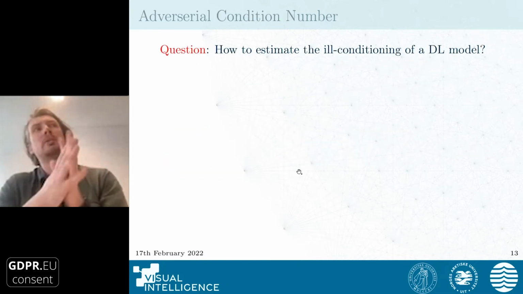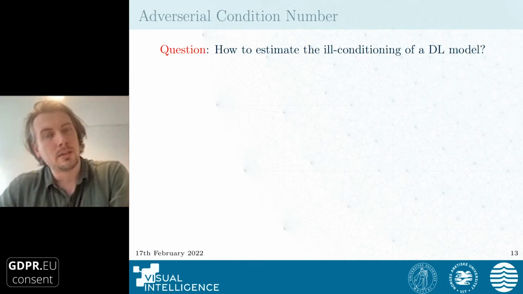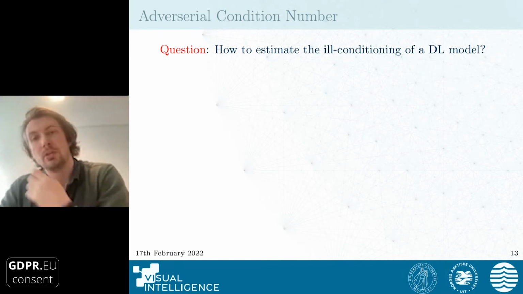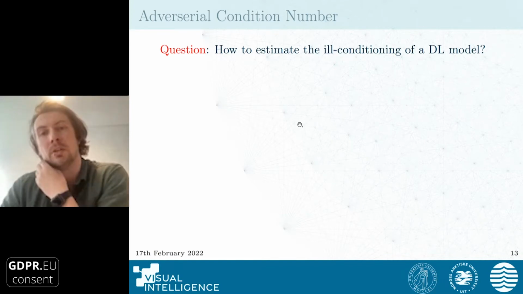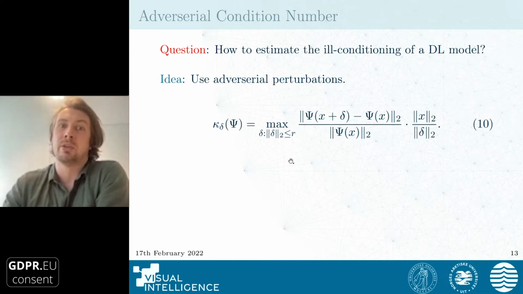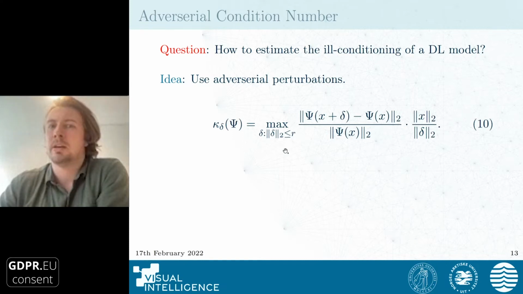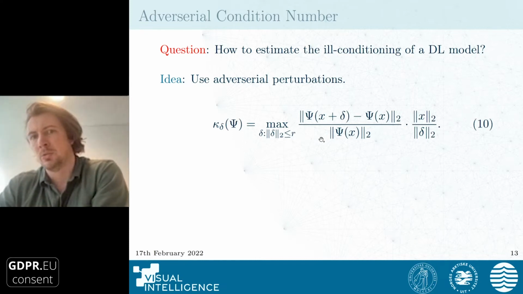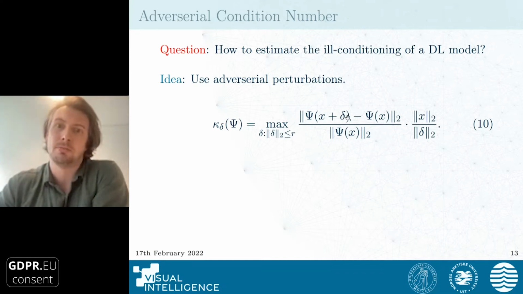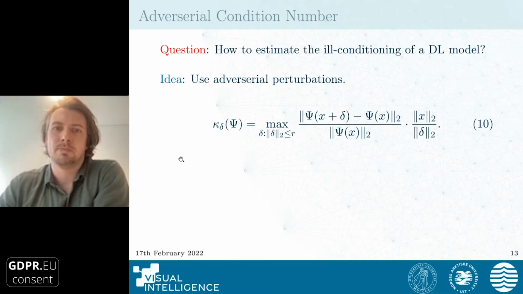However, it's not always very clear how to estimate the conditioning, the robustness of a deep learning model. However, we can use these adversarial perturbations to compute an adversarial condition number, where we basically use gradient descent to find the worst possible perturbation vector for a model, and then compute this adversarial condition number.